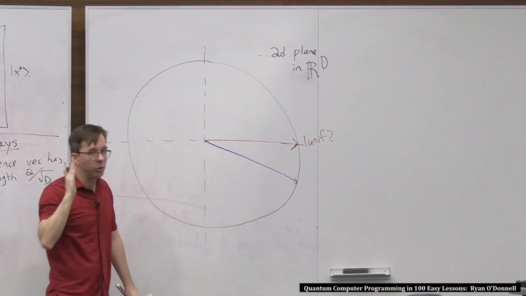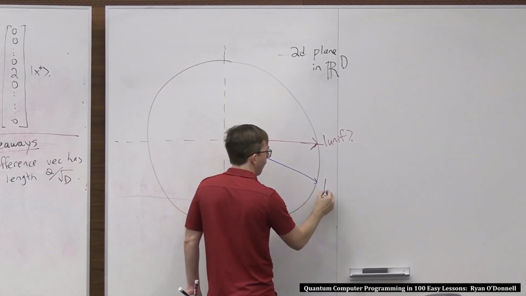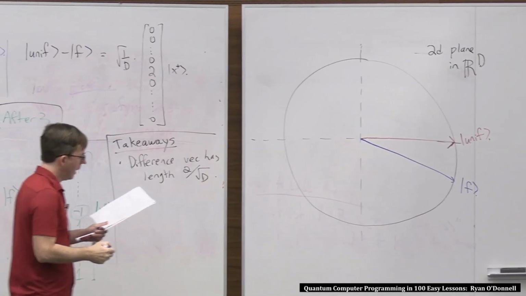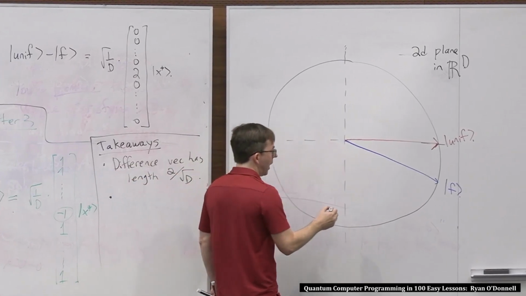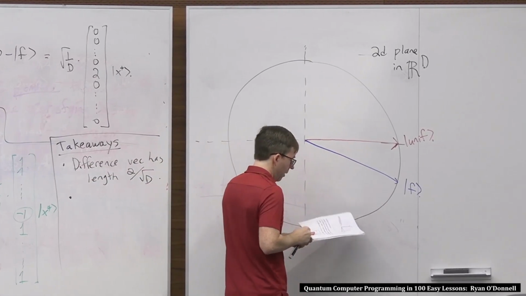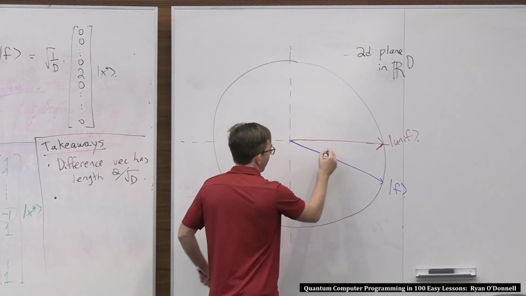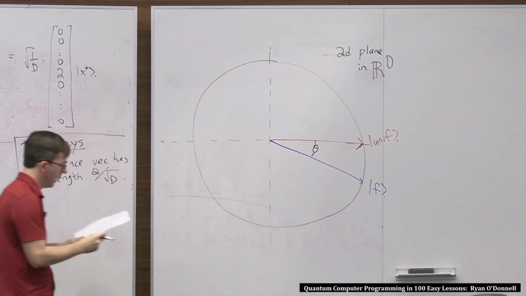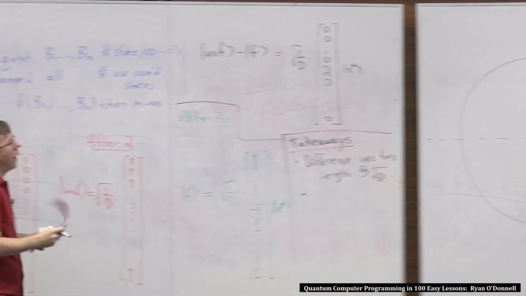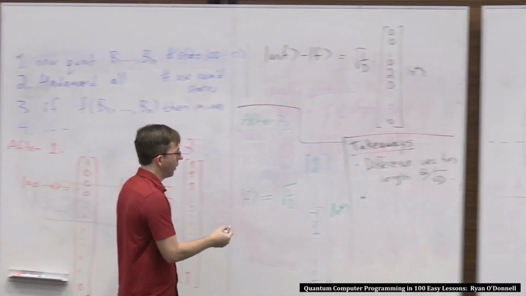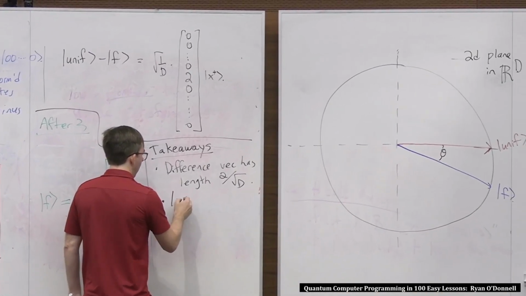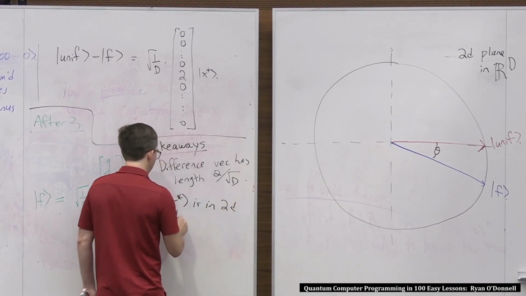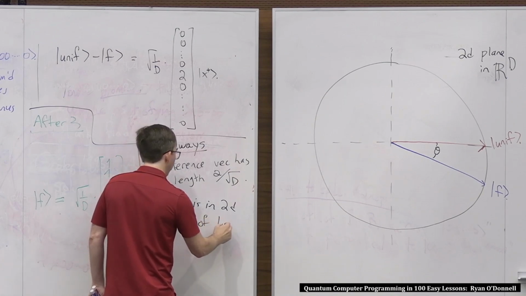But you should really think it's truly microscopically close. Ket f. And I'm also going to mark theta as the angle in here, because this angle is going to be important. I forgot this takeaway: x star is in the 2D plane of unif and f.